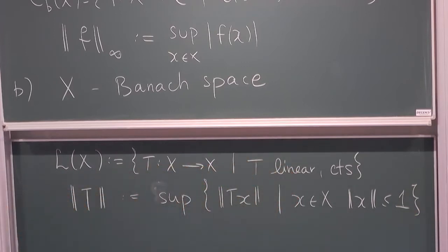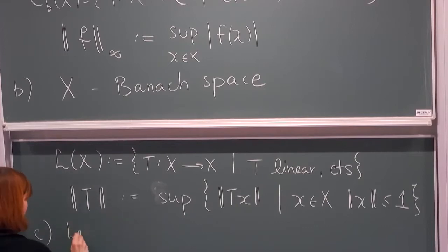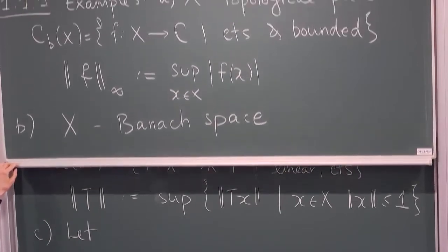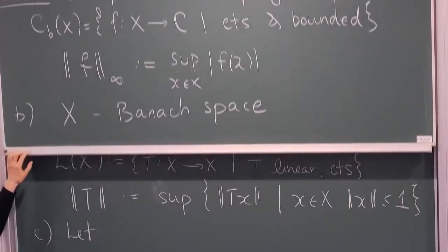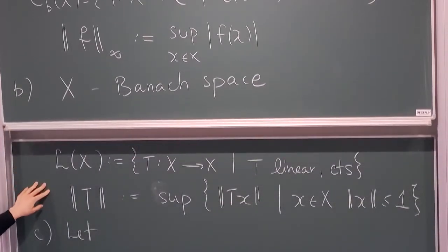So this is another very nice example of a Banach algebra. I'm sure you've seen them before. So here's one more example. The one thing to note is that the first example is going to be commutative, whereas this one won't. Here's another example of a commutative one.